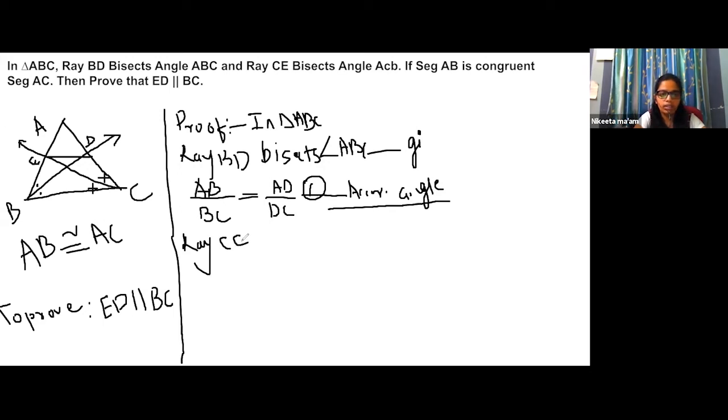CE bisects which angle? Angle ACB. So this is also given.